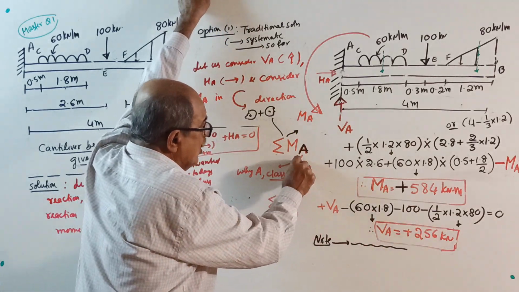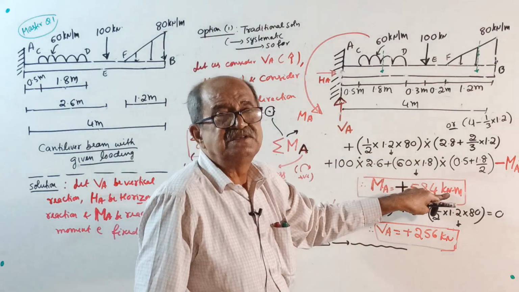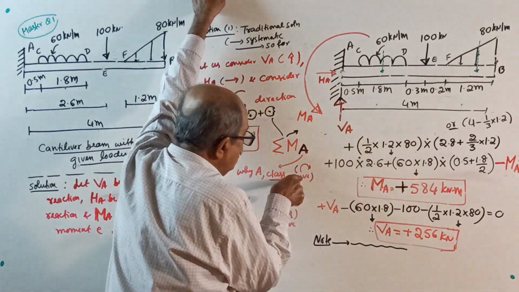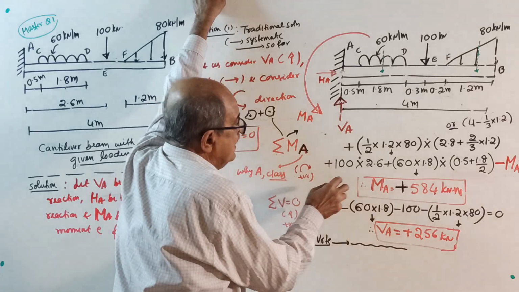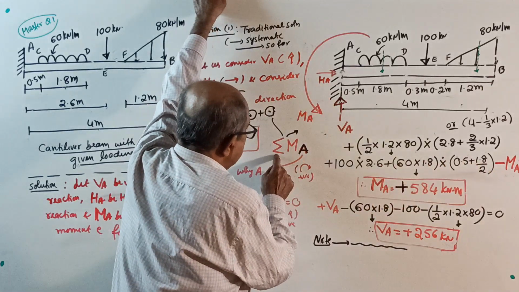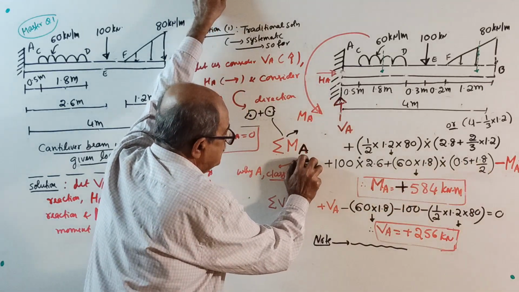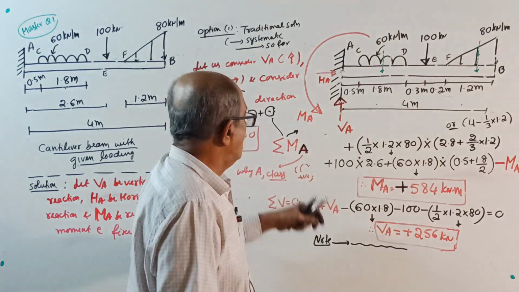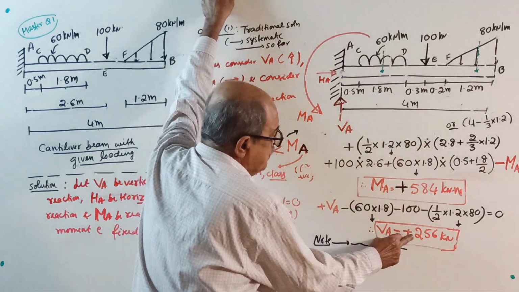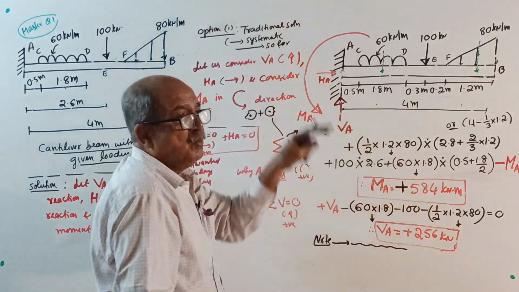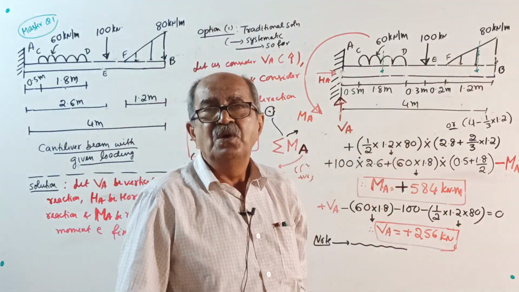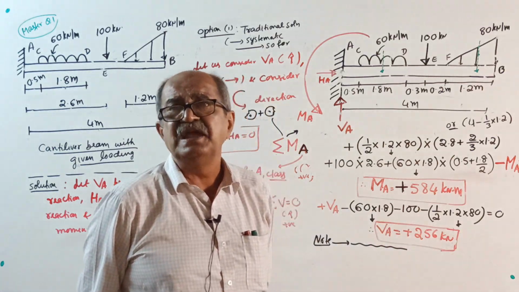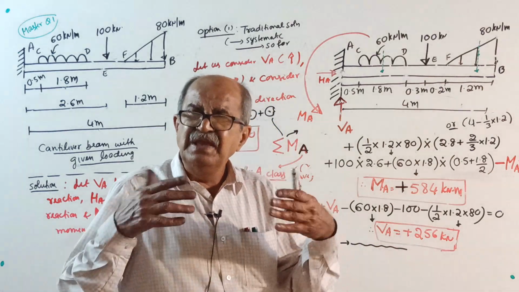Even if you take anticlockwise positive, the same answer will come. This plus sign has nothing to do with this sign convention. Once you finish sigma M about A = 0, take out this clockwise positive and throw it out. Now, we got VA positive, MA positive. What is the meaning of that positive? When you find an unknown reaction using basic conditions of static equilibrium, you can use any sign convention.